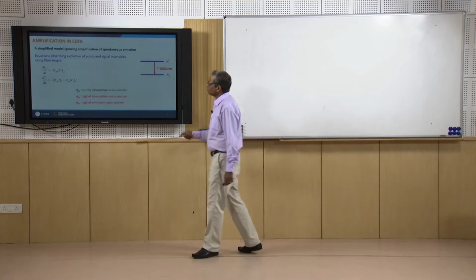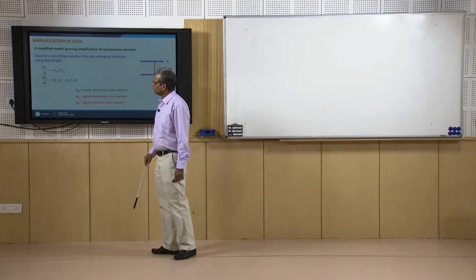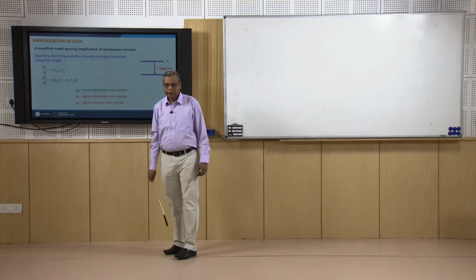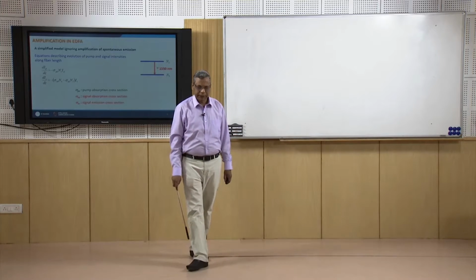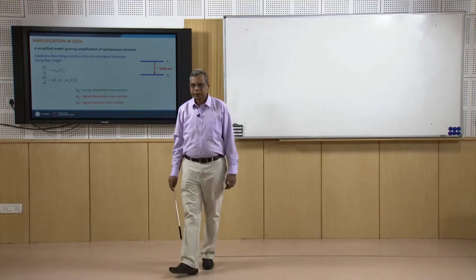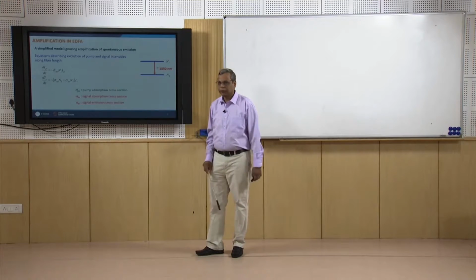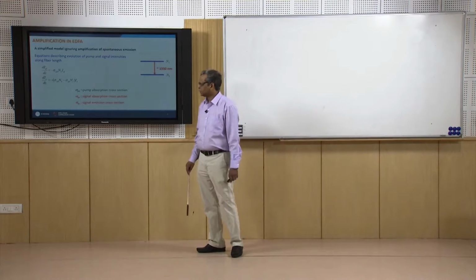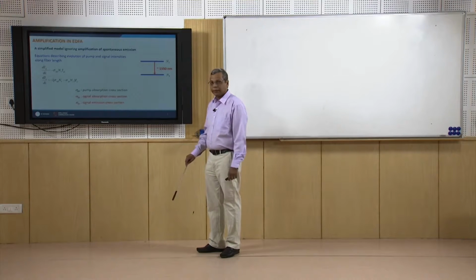So, with this very simple model, I can understand how the intensities of the pump and signal vary and what is the gain of the amplifier. Although this is a very simplified picture just for understanding at an elementary level.